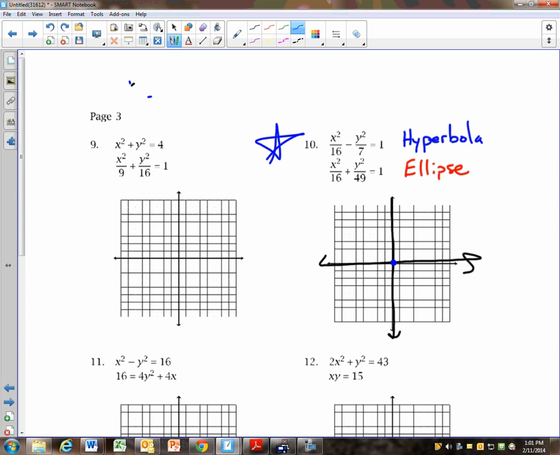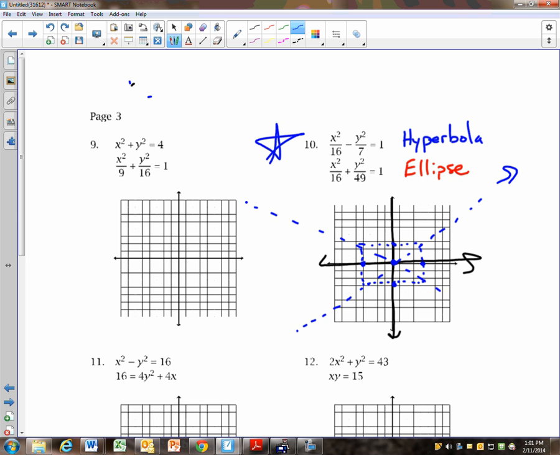How many units in the x direction? 4. How many units in the y direction? Root of 7, which is like 2.5 or something. Make my box. Draw my asymptotes.